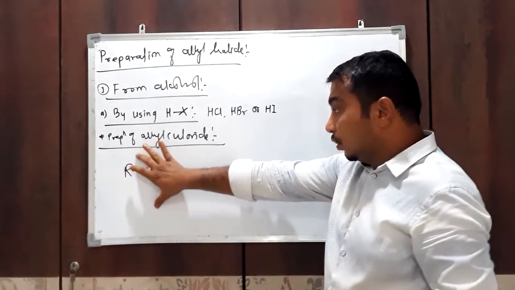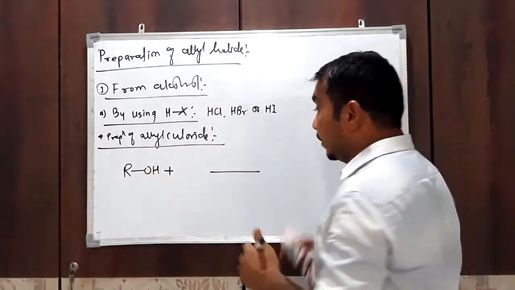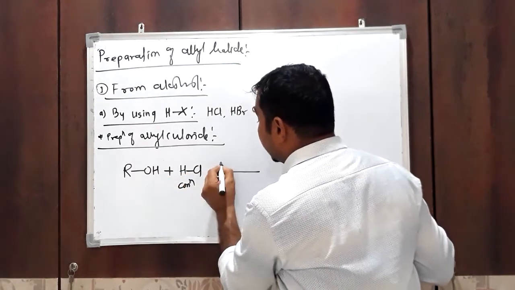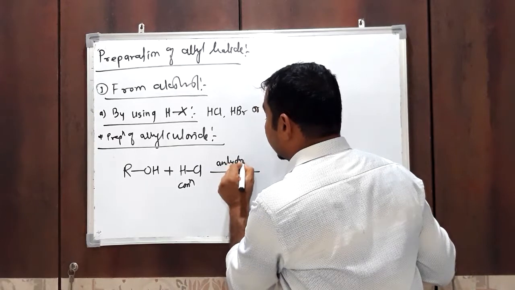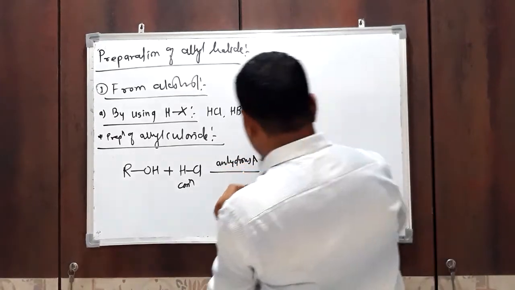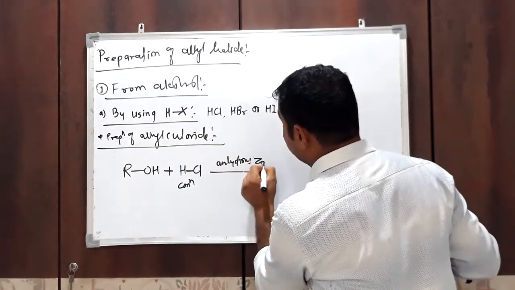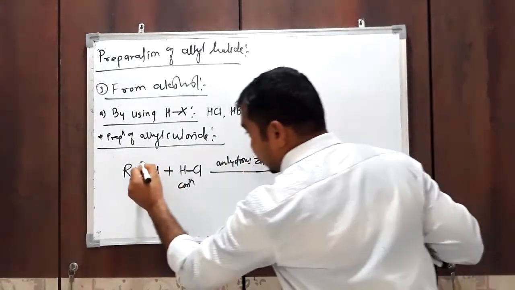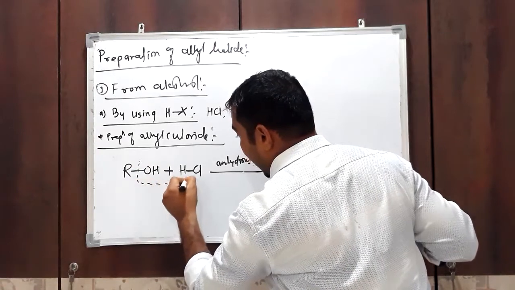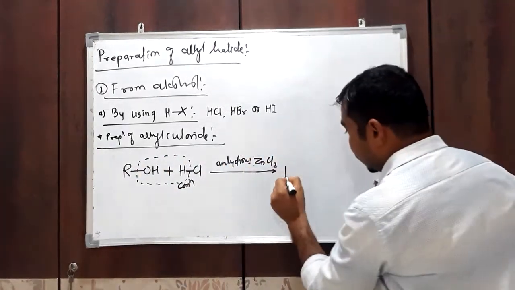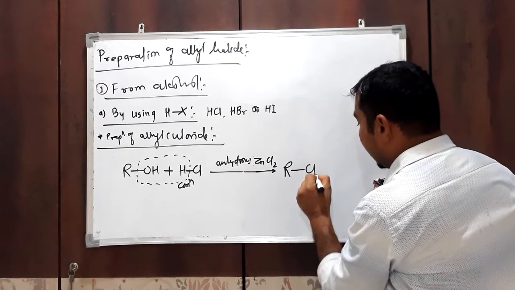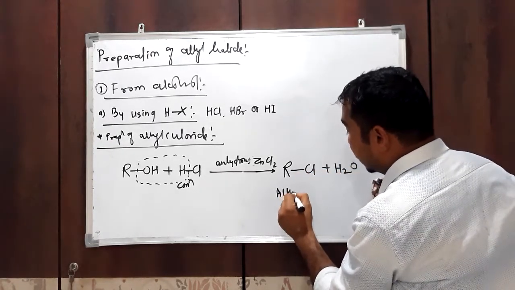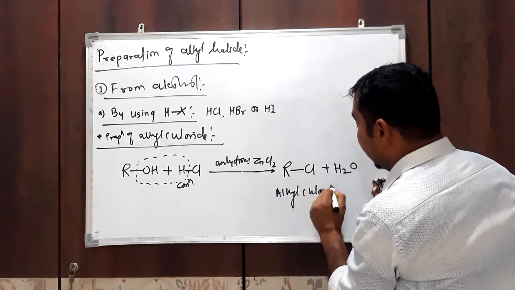This alcohol is treated with concentrated hydrochloric acid in presence of anhydrous zinc chloride, ZnCl2. Then what happens? Just remove water, RCl plus H2O, that is alkyl chloride.